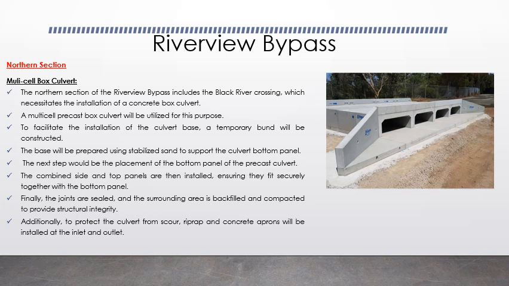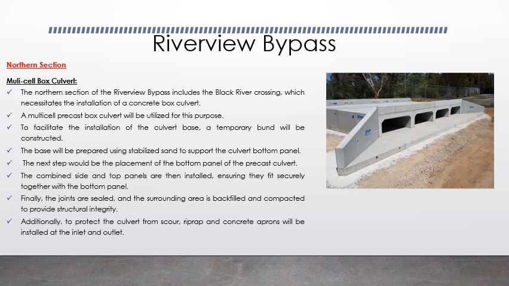The Black River crossing in the northern section of the Riverview bypass necessitates the installation of a concrete box culvert. For this purpose, we will utilize a multi-cell precast box culvert, which offers durability and efficiency. The installation process involves several key steps.